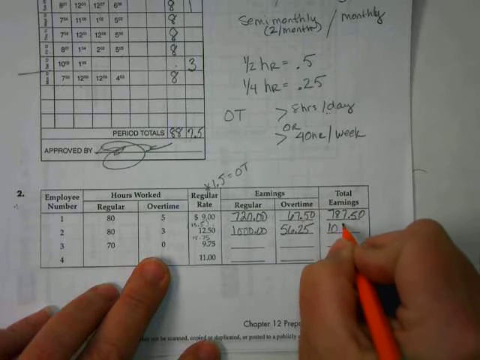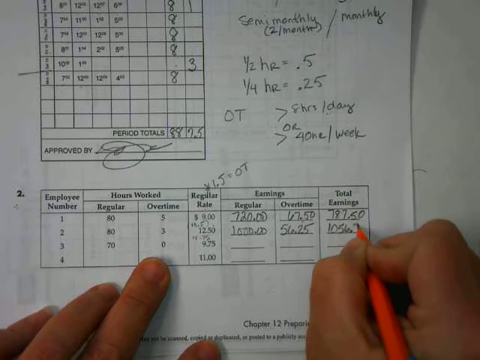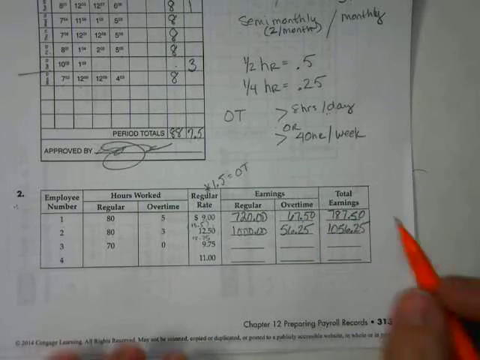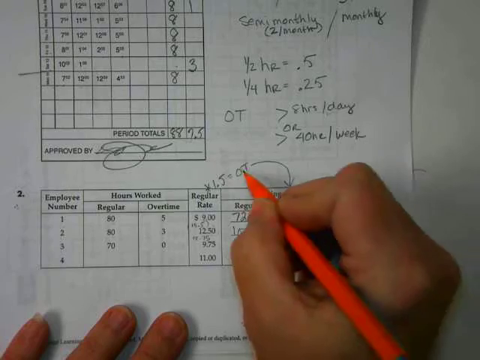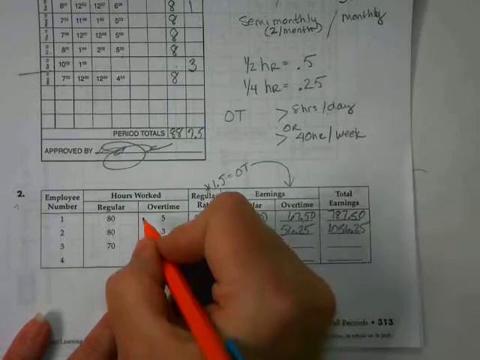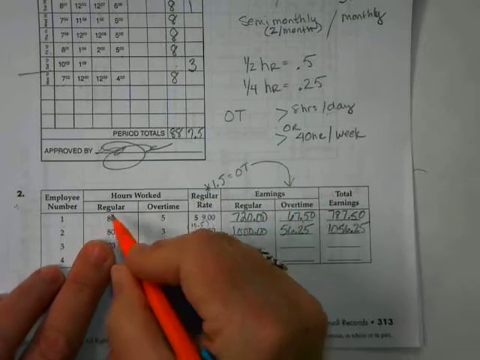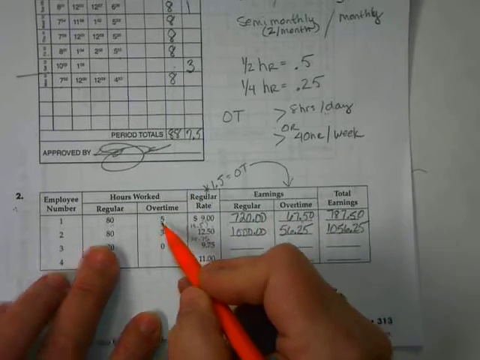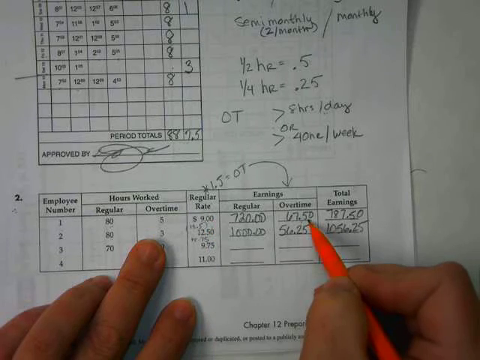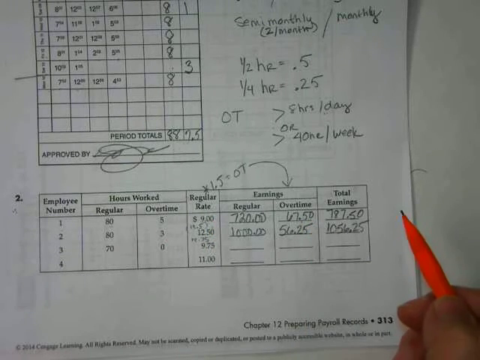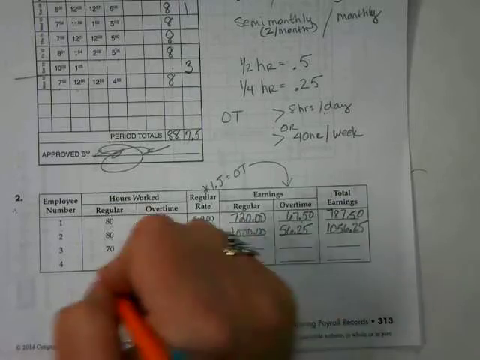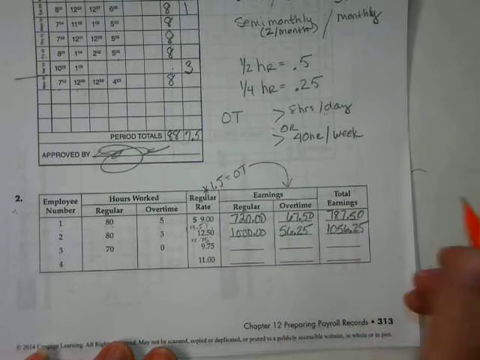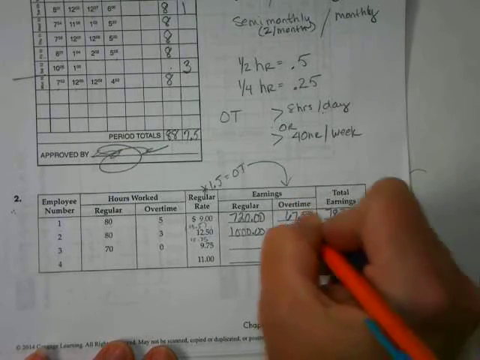We'll add those two up. Okay, so that's how we calculate our overtime. Regular hours times regular rate is our regular earnings. Overtime hours times our overtime rate is our overtime earnings. If you need to do arrows and pluses and multiplications so you know what you're multiplying, do that. And then, of course, this plus this equals this.